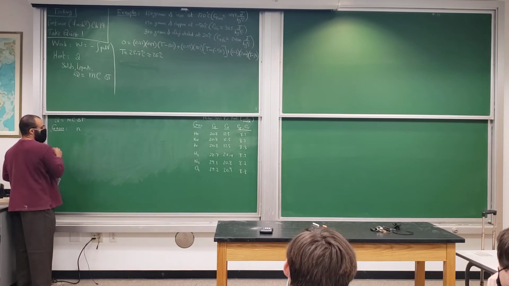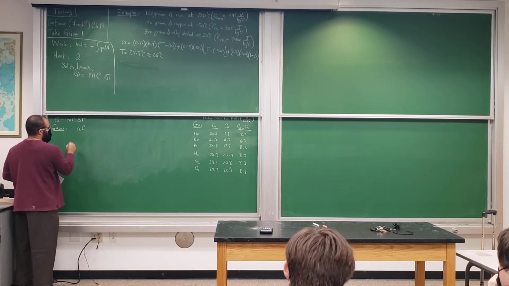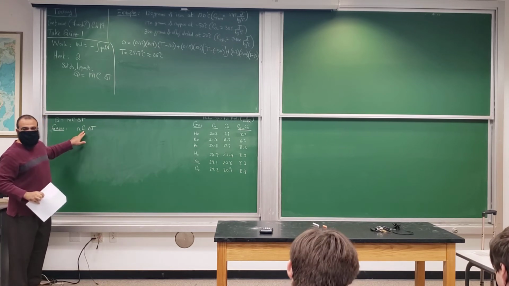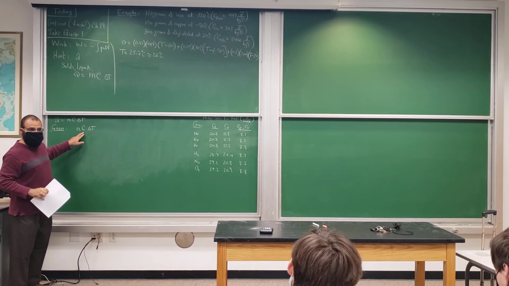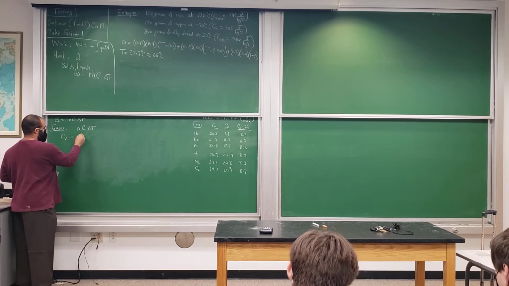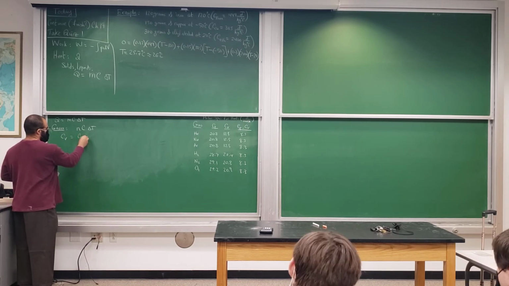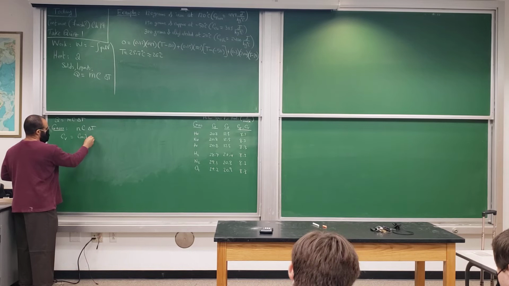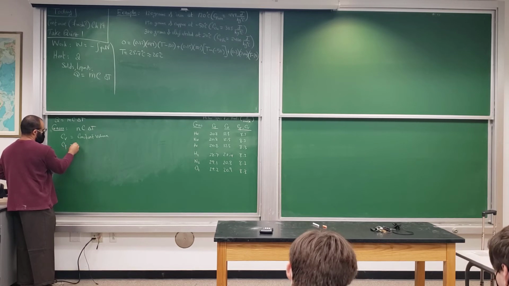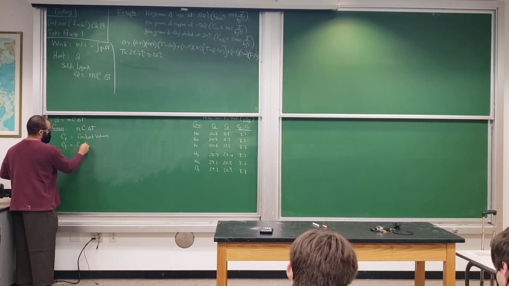Instead of the mass, I would have n, and then the specific heat times delta T. Now again, I have to specify the specific heat. Is it constant volume or constant pressure? Cv is the specific heat at constant volume, and Cp is at constant pressure.